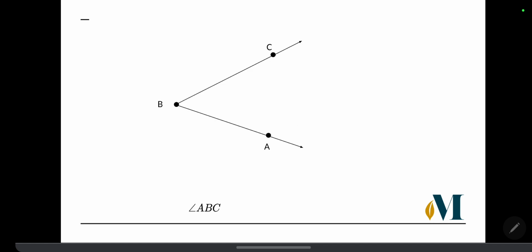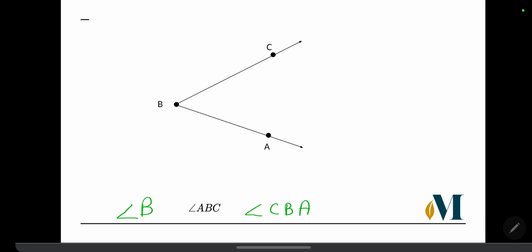All right, so here is an angle, for instance. We have angle ABC. You can also just call it by its vertex, angle B. And as long as the vertex is in the middle, we can also label it CBA.